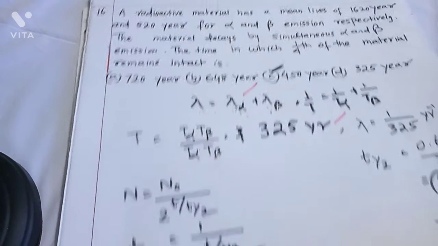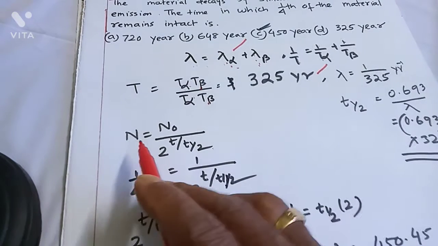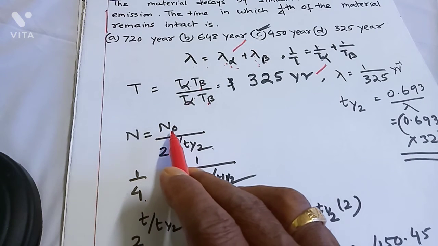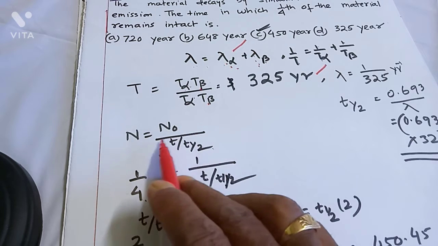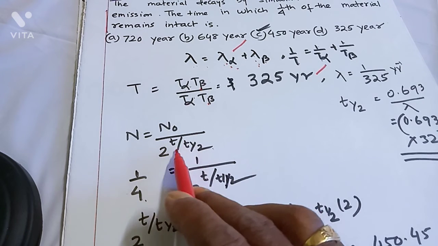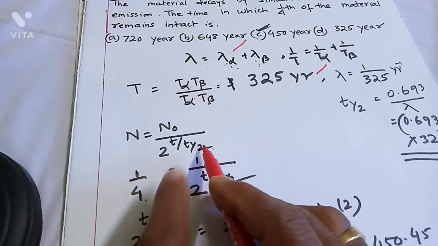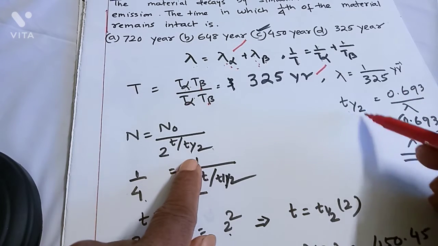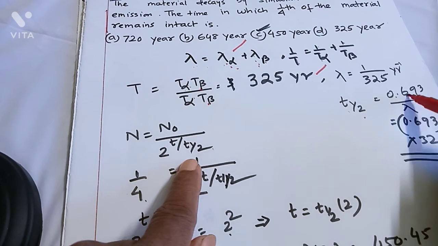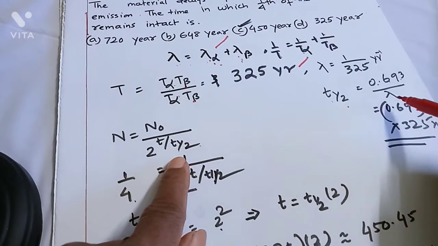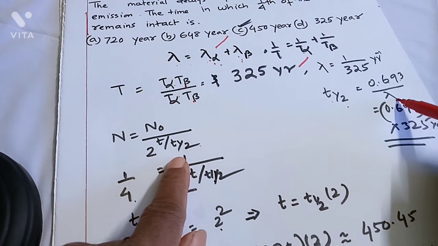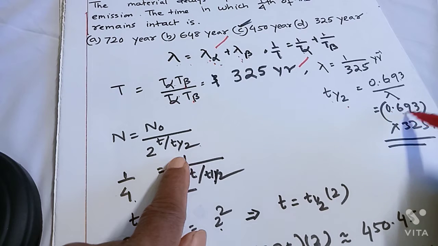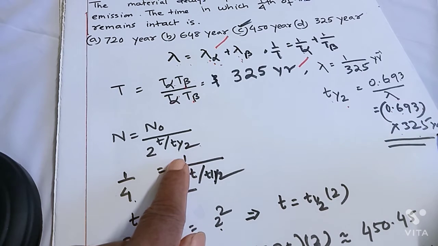Now the same working formula, the number of nuclei present after a time t equals the number of nuclei present initially divided by 2 to the power t by t half. Now what is t half? That is the half life. T half equals 0.693 by the decay constant. For the composite process we shall take 0.693 into 325 years.